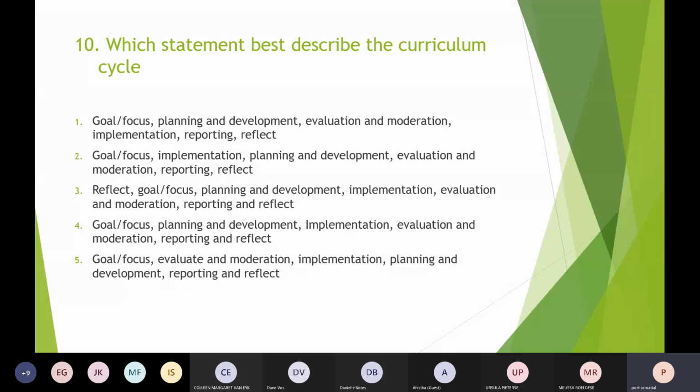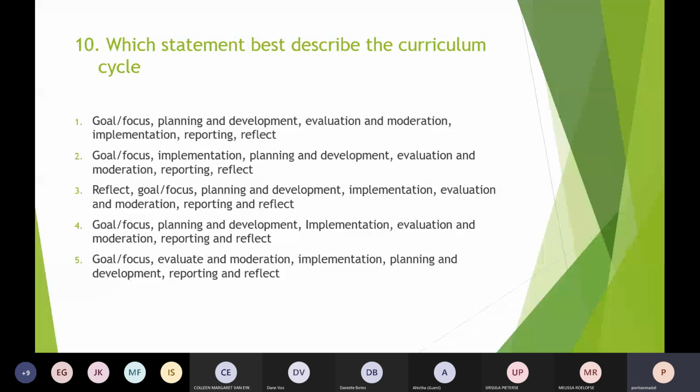Or is it number 4, which is your goal, planning and development, implementation, evaluation and moderation, and reporting and reflecting? Or is it number 5, the goal, evaluate and moderate it, implementation of it, planning and development, and reporting and reflecting on it?